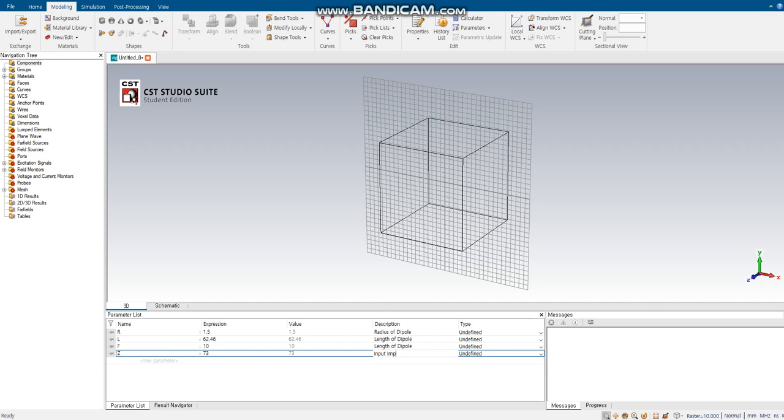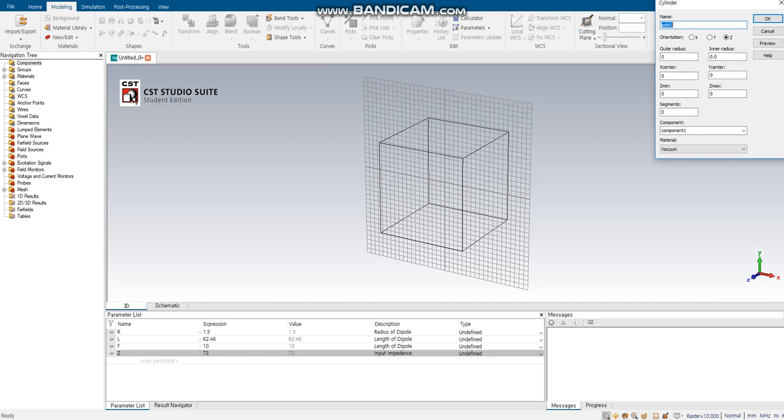Double click. At 2.4 GHz, the return loss is only 0.057. We can calculate this value.